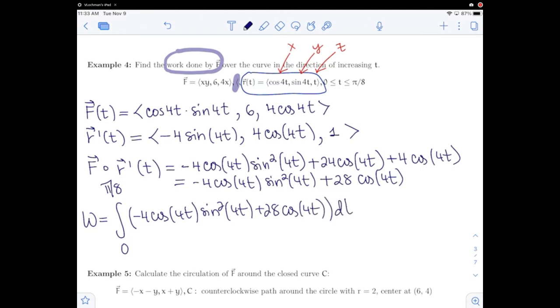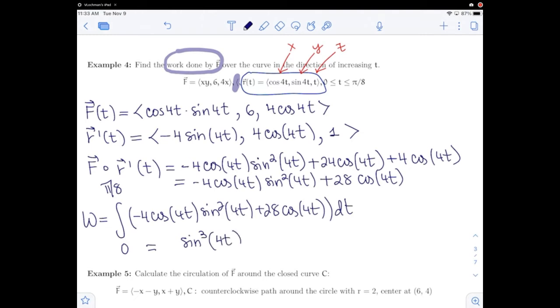Here the integration is pretty straightforward. You can use u substitution, but you can see that this is just a power rule, so this would be sine cubed of 4t.